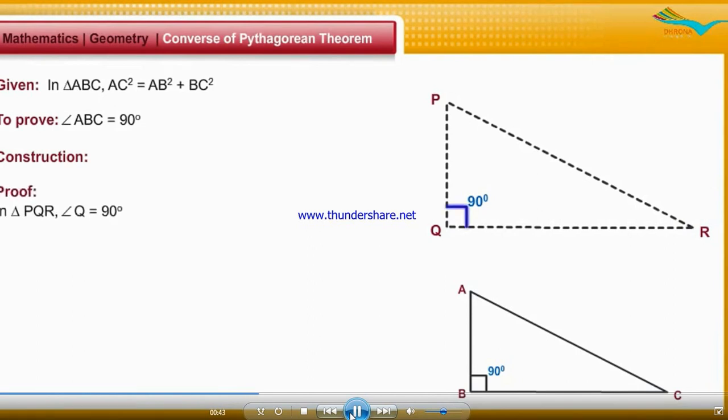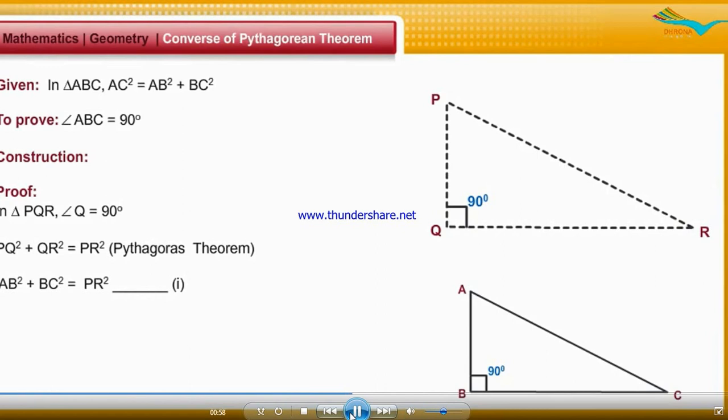Clearly, triangle PQR is a right triangle as angle Q is 90 degrees. Hence, by Pythagoras theorem, PQ square plus QR square is equal to PR square. But PQ is equal to AB. QR is equal to BC. That implies AB square plus BC square is equal to PR square.